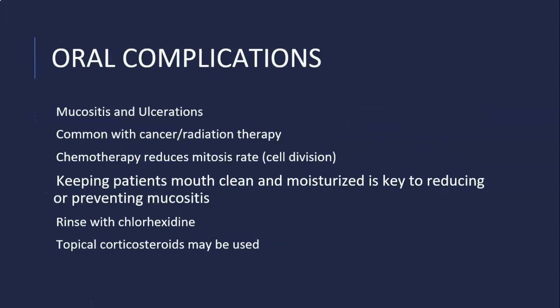Some oral complications that could be present. You think about somebody who is maybe an end of life cancer patient or something. So, a lot of times we could see mucositis and ulcerations. These would be common with cancer, radiation therapies. Chemotherapy reduces the ability for the cells to sort of turn over and slough off. I've seen a lot of images where people are like, what is happening in the mouth?